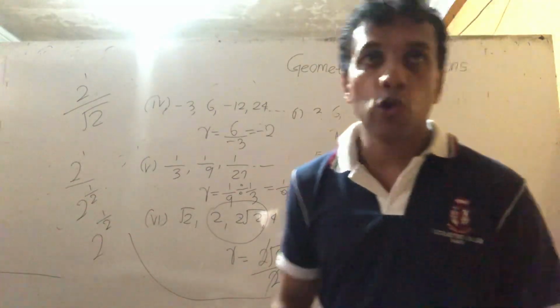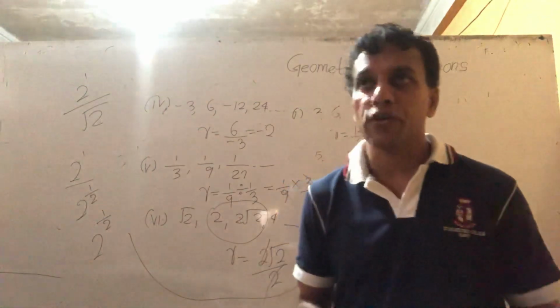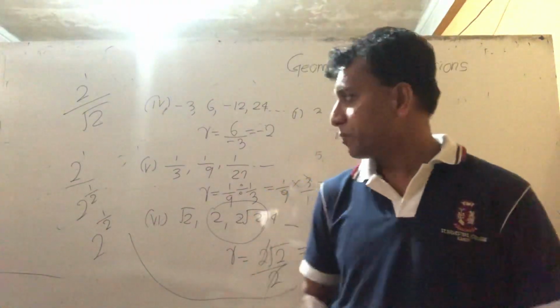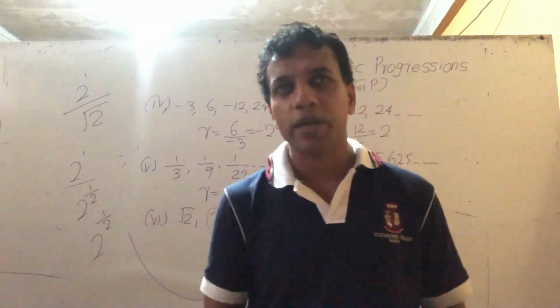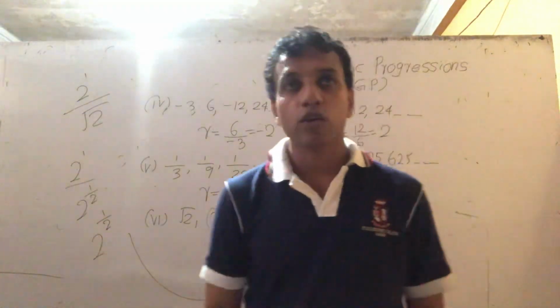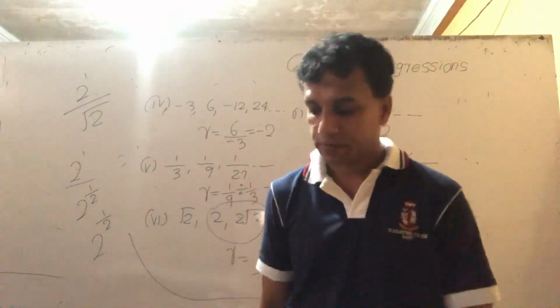So I hope you know how to calculate the common ratio for a given geometric series, right? That is one of the parts in O-level part 1, type 2 marks. They will provide the series and ask you to write the common ratio of that.